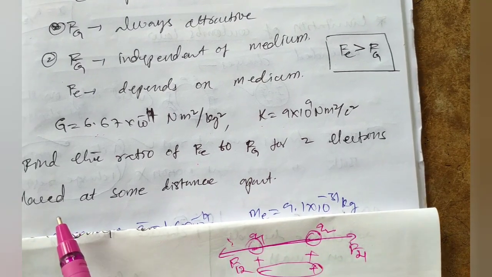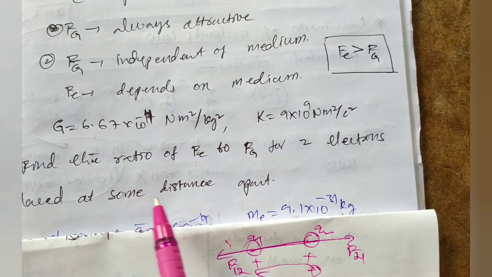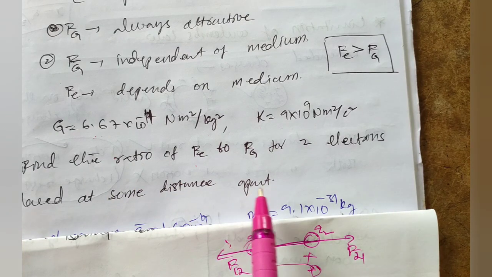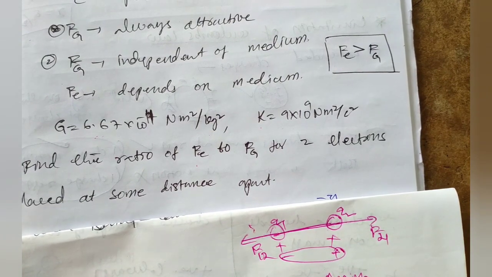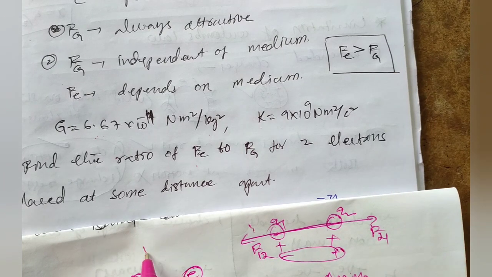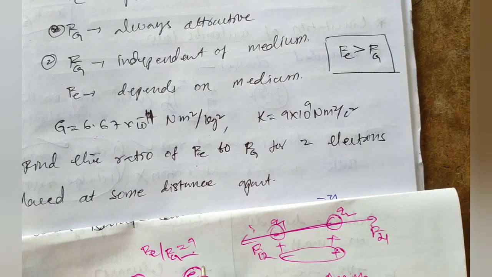Two electrons are placed at some distance apart. What is the ratio of the electrostatic force to the gravitational force?